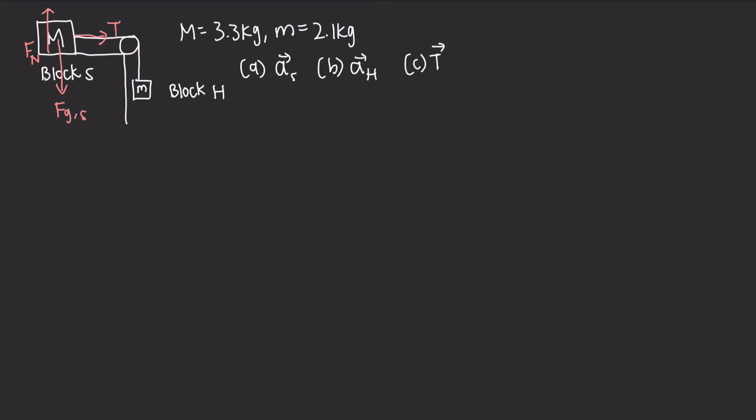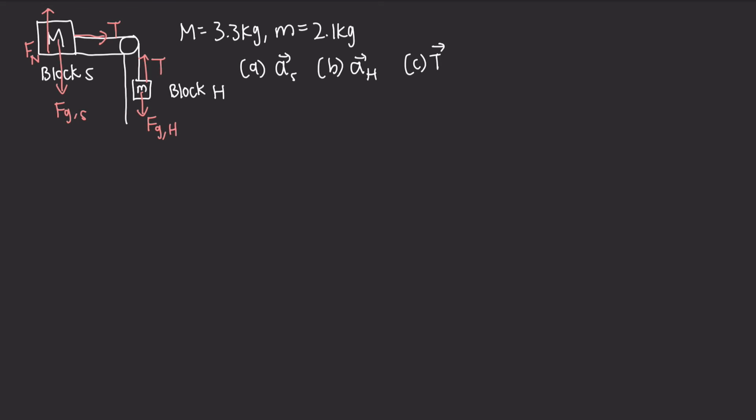Okay, moving on to block H, we similarly have a force of gravity pointing downwards, but with a smaller magnitude than that on block S. And then it's not on a table. There's no other perpendicular force acting on it. So there's no normal force that counteracts gravity. Instead, we just have the tension force over here that points up due to the cord.